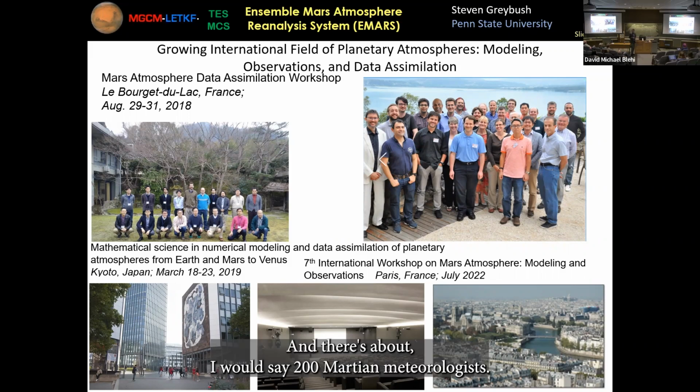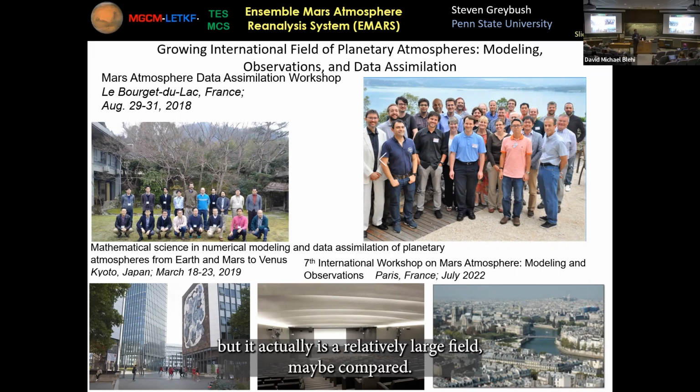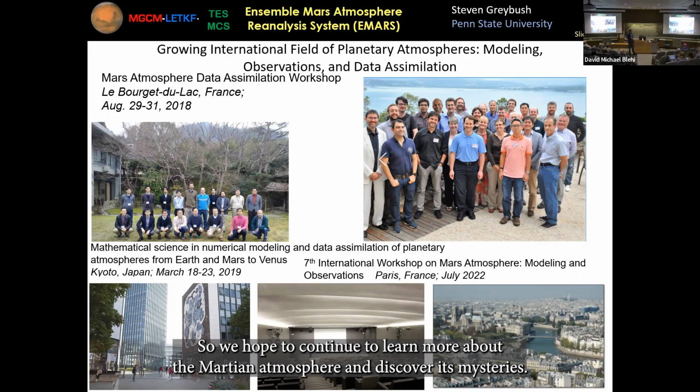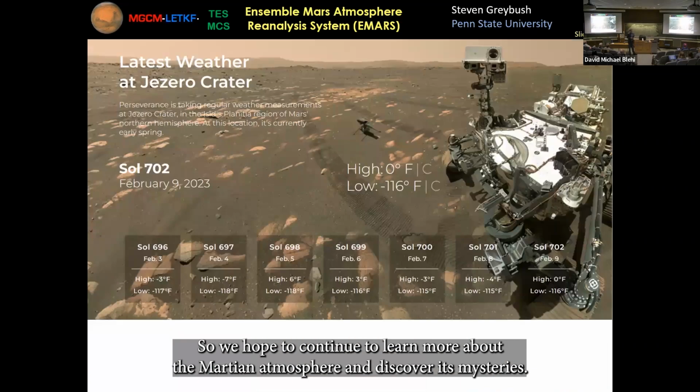There are about 200 Martian meteorologists around the globe. So it's a much smaller field than Mars geologists, but it's a relatively large field, maybe compared to first impressions. There are good international collaborations, with European missions and missions from the United Arab Emirates, India, China, and other countries all looking at the Martian atmosphere. So we hope to continue to learn more about the Martian atmosphere and discover its mysteries.